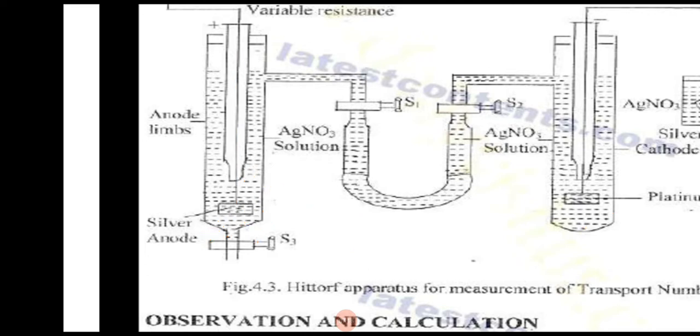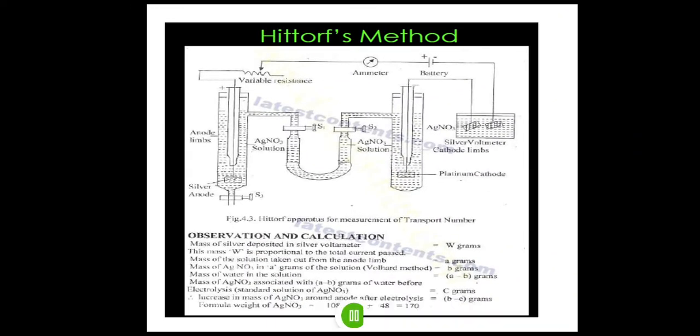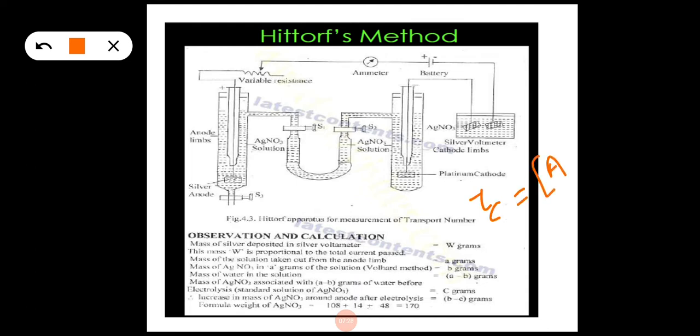But to determine the transport number of a cation, we need the decrease in the concentration of the anodic compartment, divided by the decrease in the concentration of the anodic compartment plus the decrease in the concentration of the cathodic compartment.